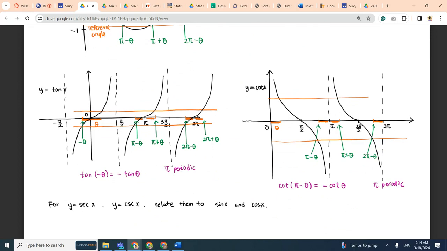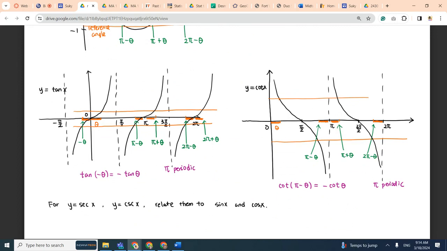Last one. Cotangent. Now, our little theta is right here. Okay? Then what is this guy? Yeah, pi minus theta. Do you see the cotangent values are negative, right? So cotangent of pi minus theta equals negative cotangent theta.